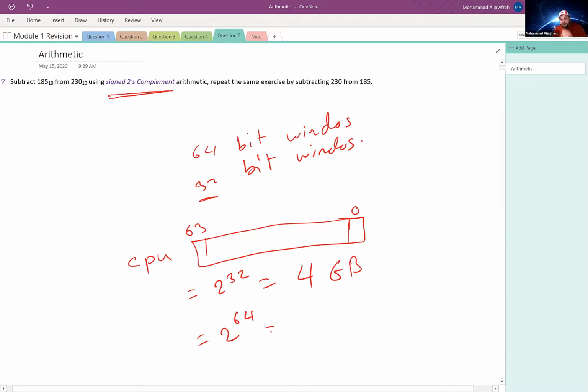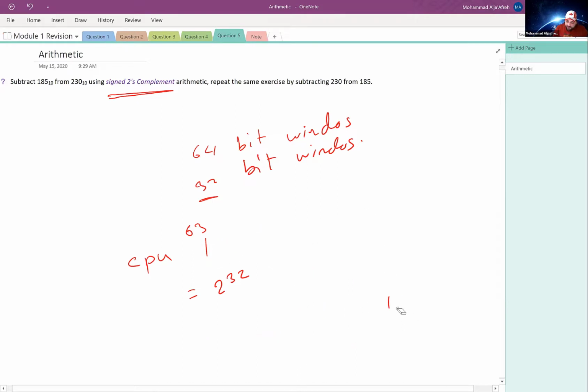Do you know how much this is in bytes? This is 16 billion gigabytes. So that's why we're moving to this. Now, away from that, what I have to emphasize here is that the number of bits matters. Why does the number of bits matter?